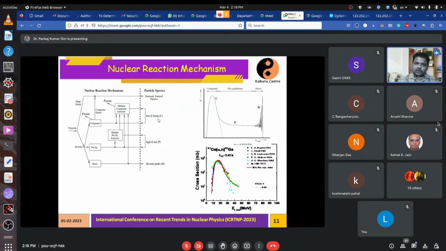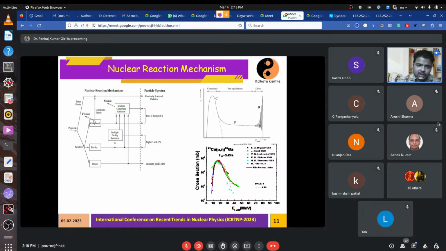Before going to the nuclear modeling, let me speak a little bit about the different stages of the nuclear reaction. When our projectile collides with the target, that projectile will eventually be captured and form a compound nucleus.